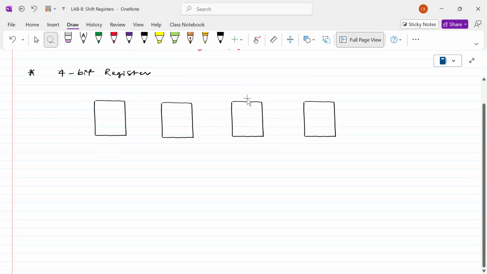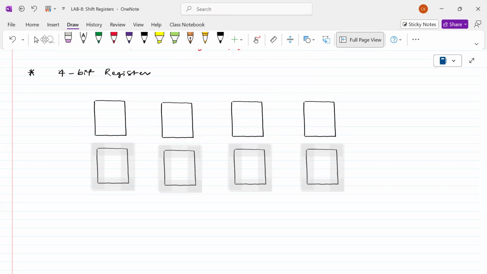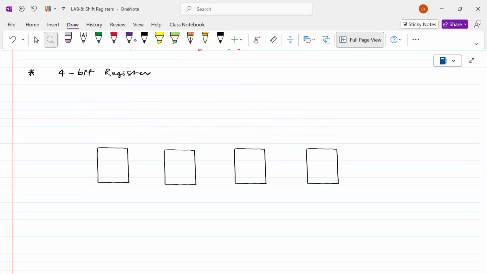So what do you mean by parallel in, parallel out? The block diagram of the 4-bit register is something like this.